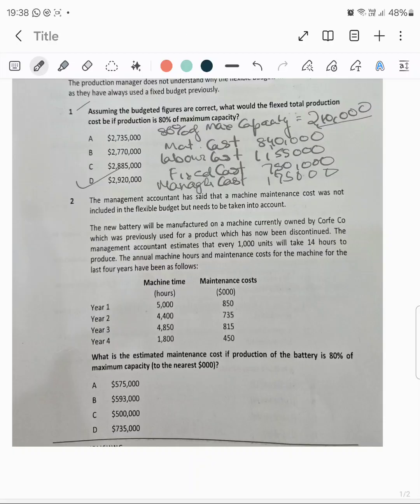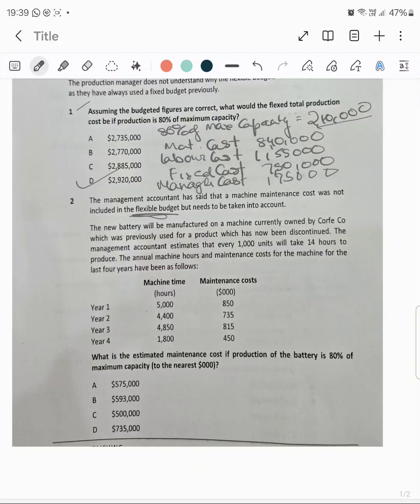So here we'll have to use the high-low method. How did I come to know we will use the high-low method? See, the question is, what is the estimated maintenance cost if production is 80% of the maximum capacity? The management accountant has said that the machine maintenance cost was not included in the flexible budget. First of all, flexible budget, we do high-low method mostly in flexible budget only.